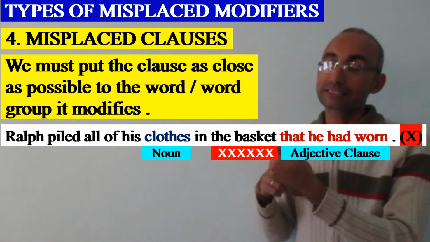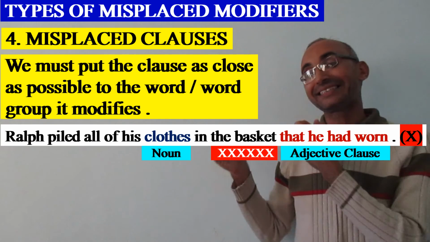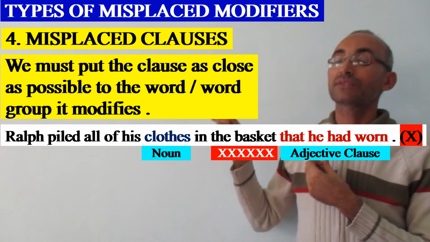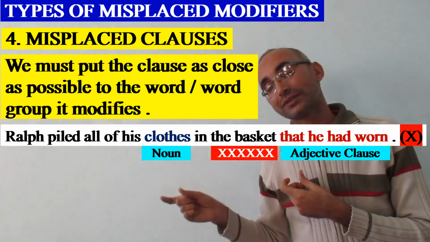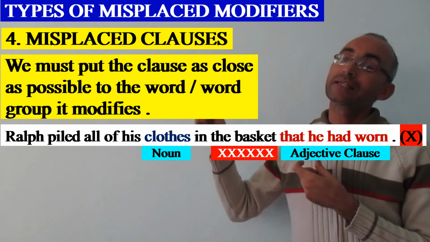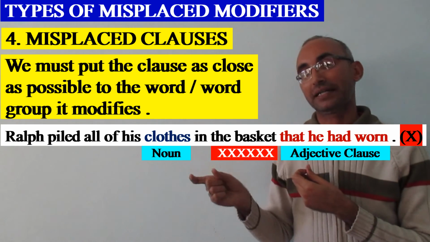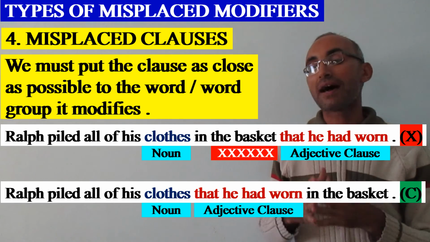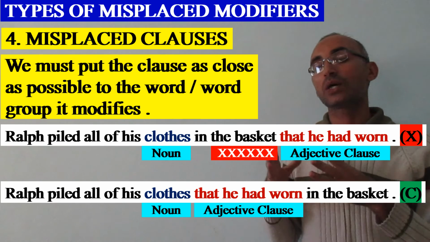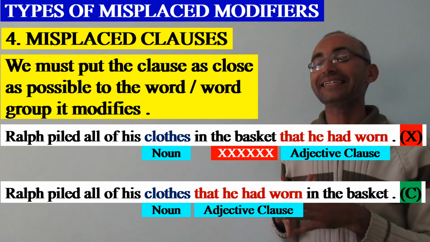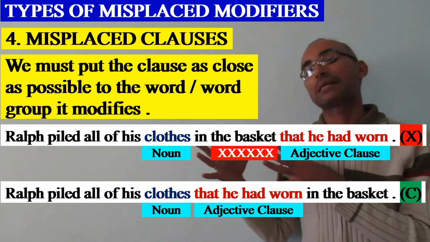So we correct it by placing my adjective clause directly after the noun it modifies, and we write Ralph piled all of his clothes that he had worn in the basket.